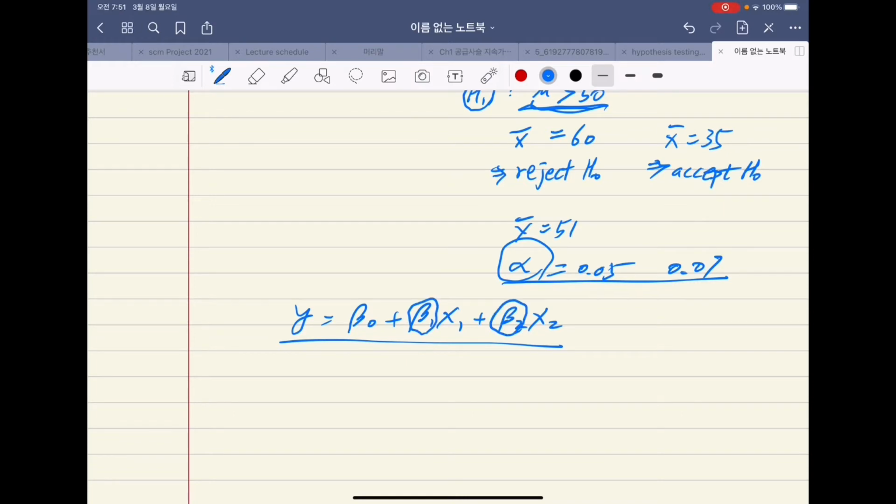So, you can set up a hypothesis like this. If you want to show there is a positive relationship between x1 and y, you can set up beta 1 is greater than 0.